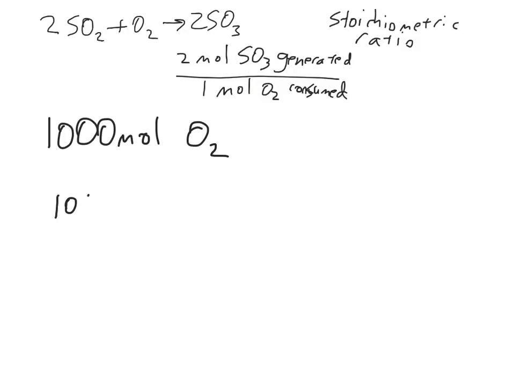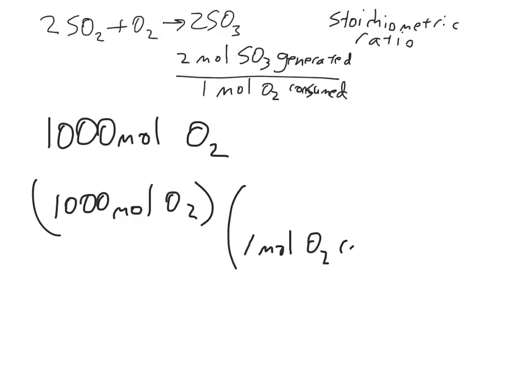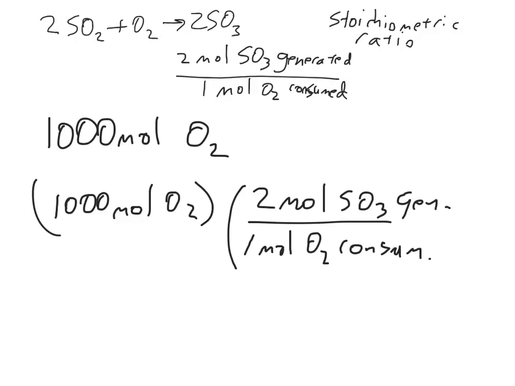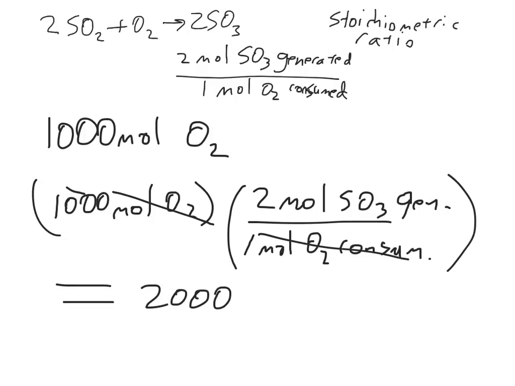So 1,000 moles of O2, that's how much I start out with, and then I use the ratio here, 2 moles SO3 generated per 1 mole O2 consumed. The moles of O2 cancel out, so that leaves me with 2,000 moles SO3 generated.